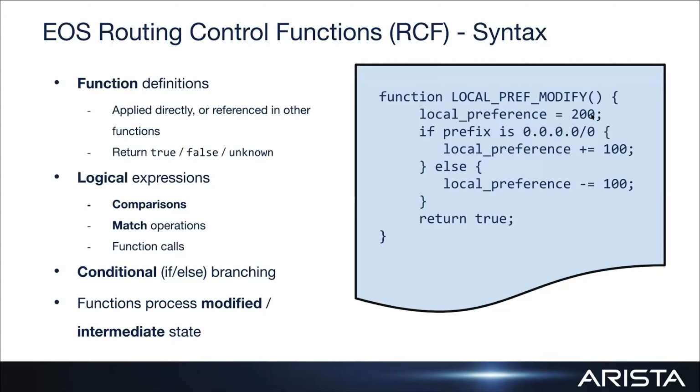And we can do assignment and increment and decrement here as well. Now, the cool thing about this is it's actually modifying the intermediate state. So the local preference may start out at 200, and depending on the programmatic nature of our code, we can vary and manipulate that along the way.